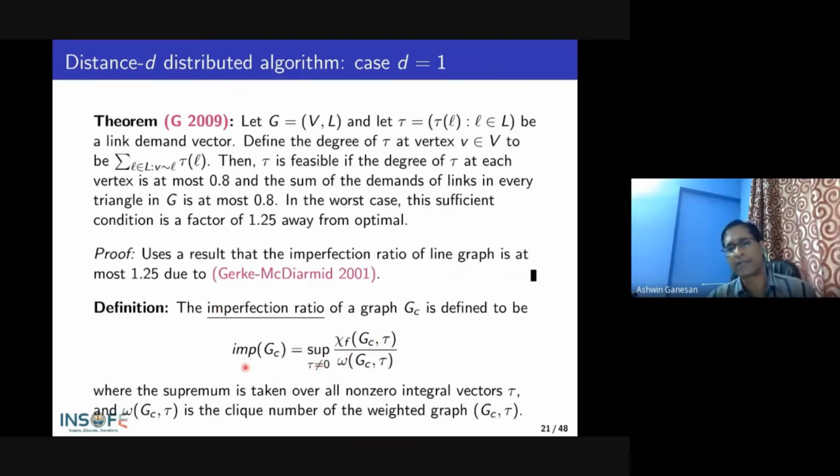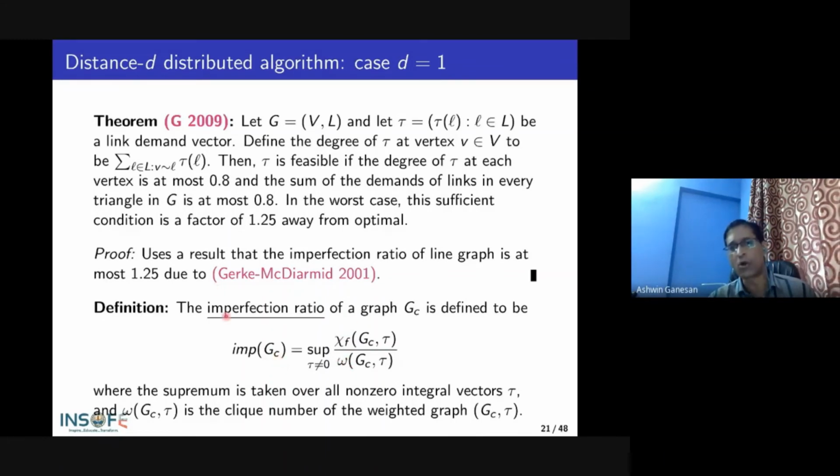You can define it for any graph, and it's the supremum over all non-zero link demand vectors tau of the ratio of the fractional chromatic number of the vertex weighted conflict graph to the clique number of the vertex weighted conflict graph. Given a vertex weighted conflict graph GC, tau, you can find the maximum size of a weighted clique and its fractional chromatic number, take their ratio, and then in the worst case, how far away can the correct value be from an estimate? That ratio is the imperfection ratio.